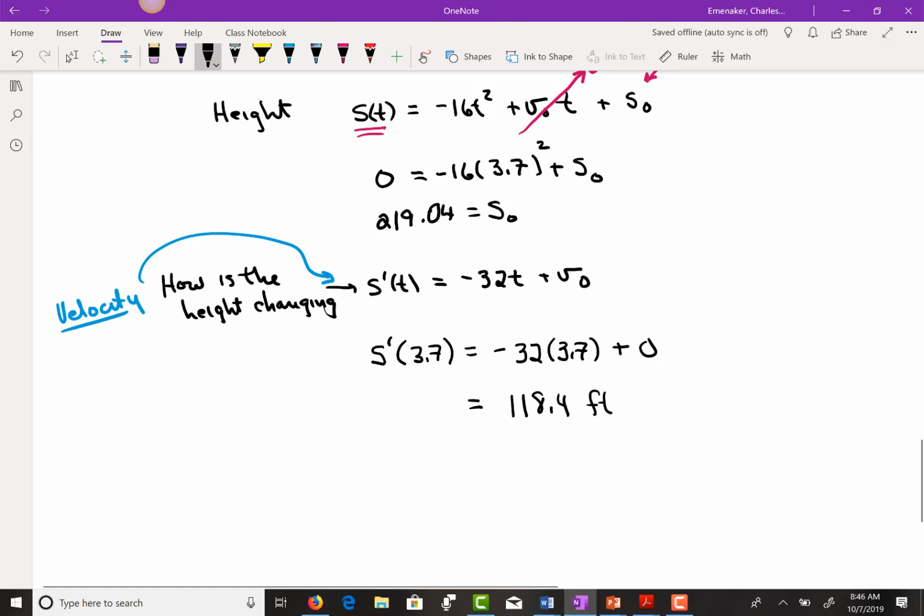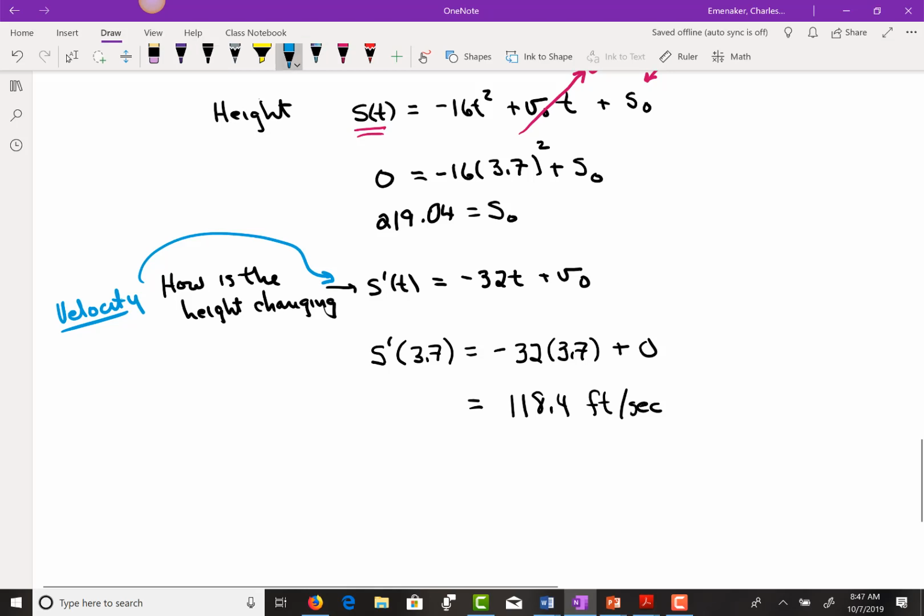This is going to be feet per second. Is that very fast? I don't know. Sounds fast. But how fast is fast? Is this supersonic? Or is this 40 miles an hour? I don't remember, Chuck.